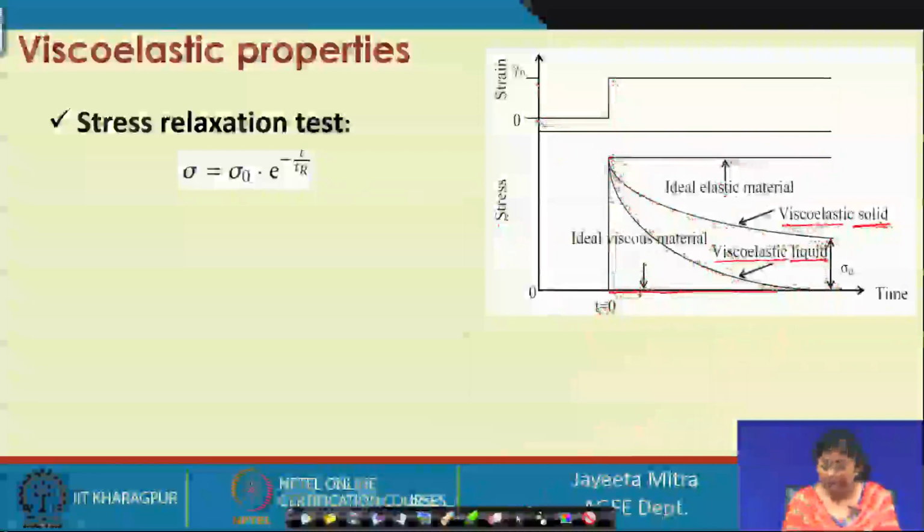When the material flows, it tries to dissipate the energy that comes into it, and it flows completely. It does not come back to its initial situation. That means it does not have the property of storing that energy. So, it will dissipate that and eventually come to the 0 stress condition.